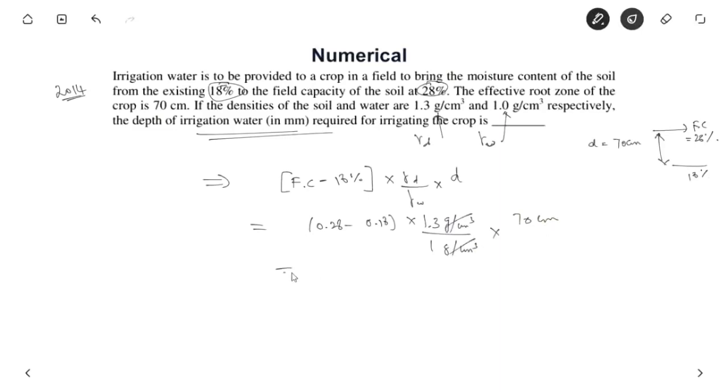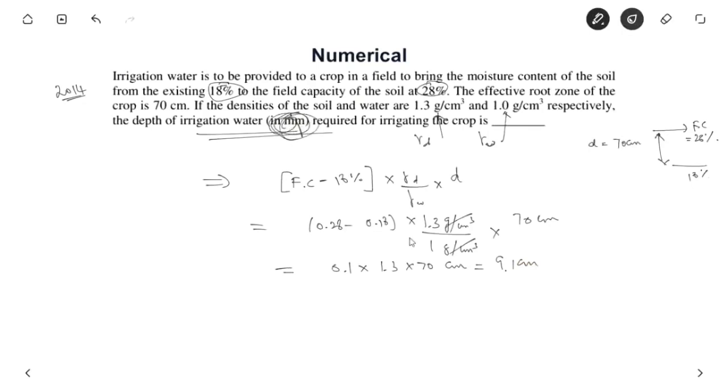So basically we get 0.1 into 1.3 into 70 centimeter, which is equal to 9.1 centimeter.